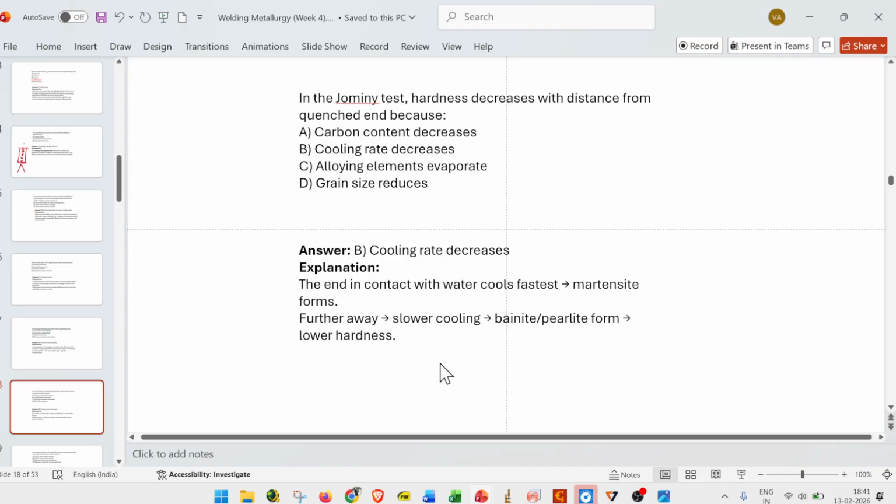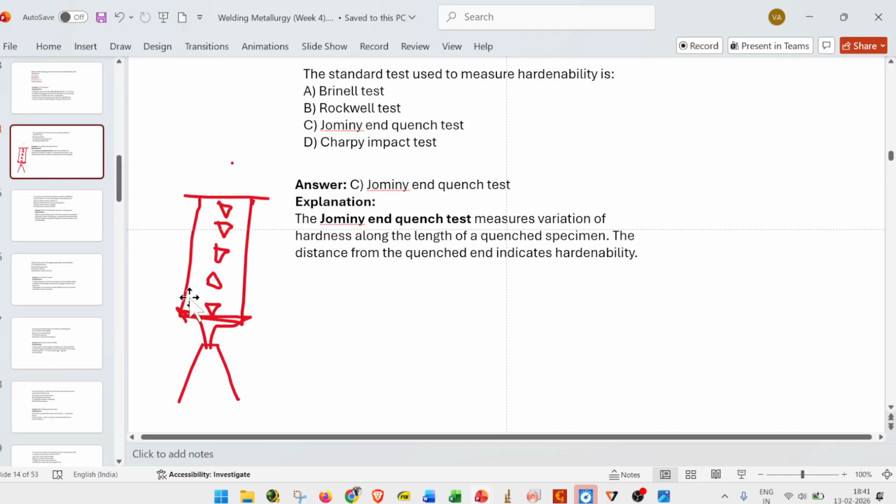Okay. Next, in the Jominy test, hardness decreases with the distance from the quenched end because carbon content decreases? No, cooling rate decreases. Yes, because here it is faster cooling because of the water quenching, but here cooling only happens due to conduction and air cooling.